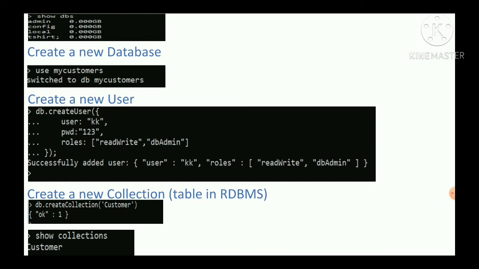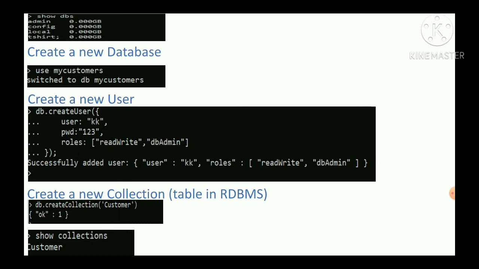I'm going to create a user with administrator privileges and read-write privileges as well, so I give that within square brackets. Once done, it shows the details like the username and roles. The user got created successfully.